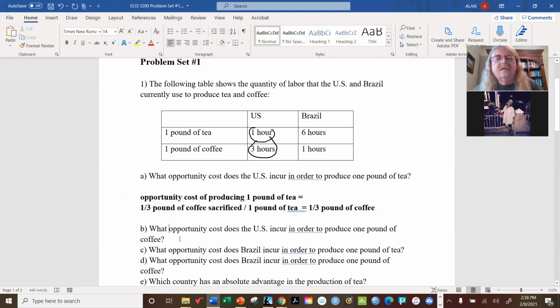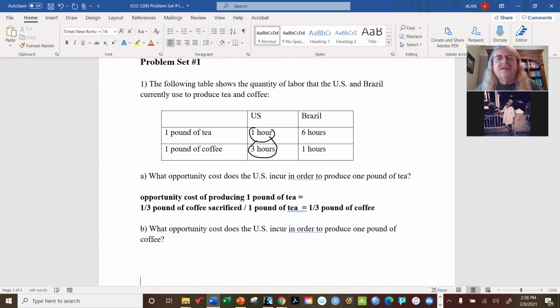Now, on the other hand, let's look at the opposite case. Let's look at the coffee. This is easy because we're basically just reversing or flipping over this ratio, because now what we're thinking about is the opportunity cost of producing a pound of coffee.